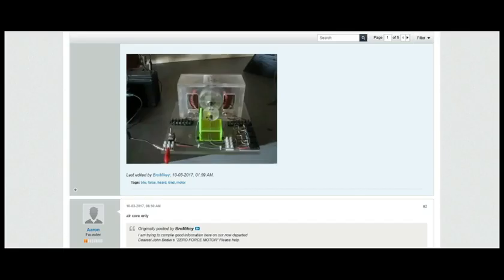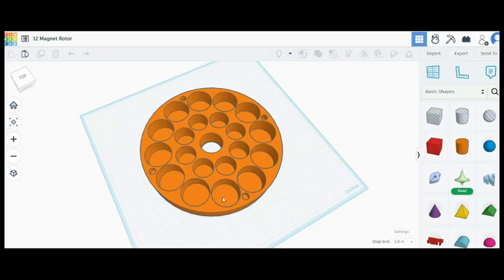So what I did, I threw together this while I was waiting for parts. And so now we fit as many magnets on here as we could. It would be nice if they were even closer, but this was about as close as I could get them. And so you put them all facing the same way, say all facing north out of the screen there.